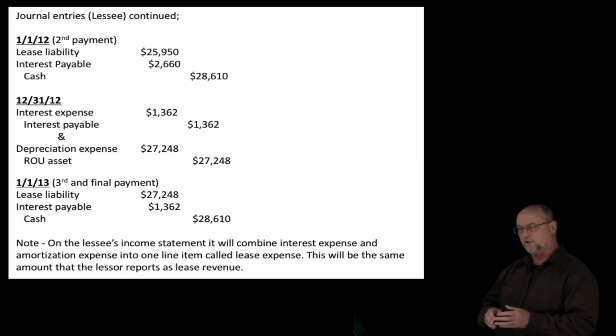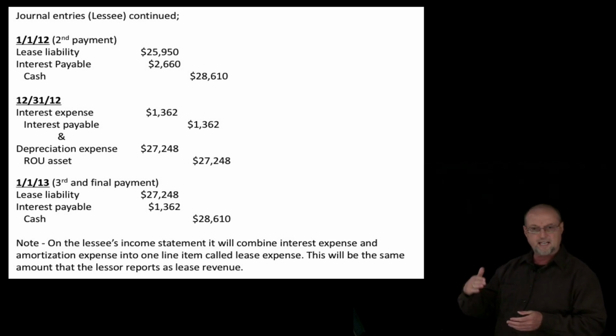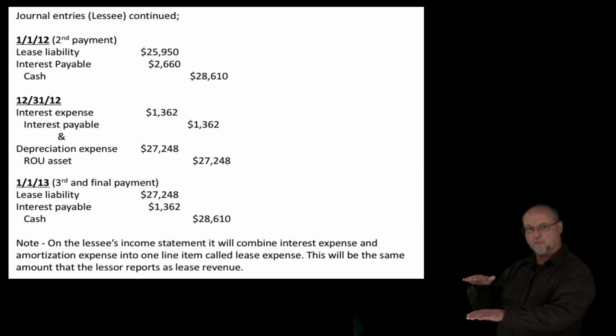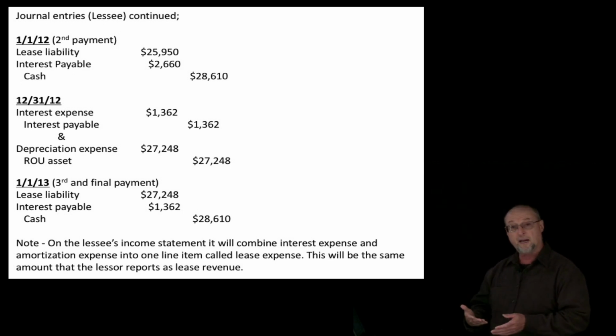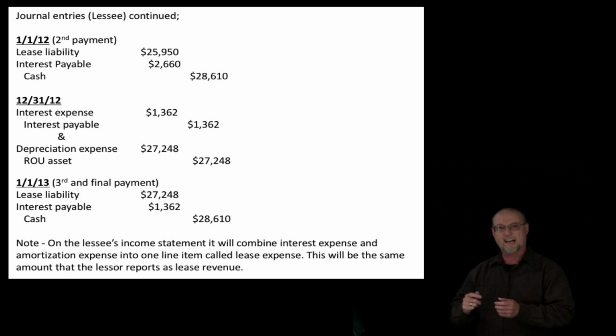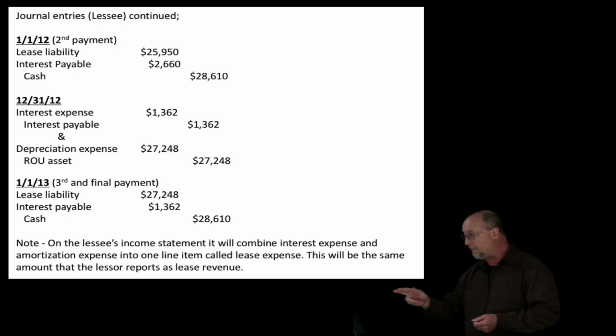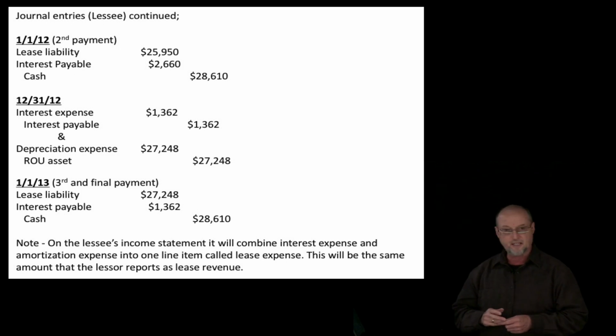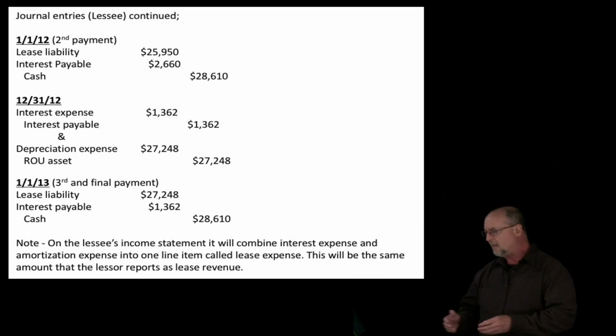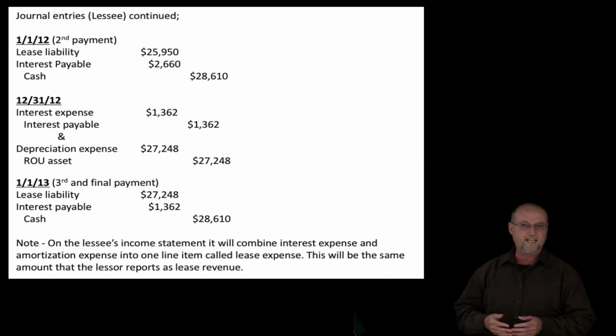Now remember, we accrued interest at the end of year one, debit interest expense, credit interest payable. The interest expense got closed out. Interest payable is still on the balance sheet. Now that we're making that payment, we're going to debit interest payable. We're going to debit the lease liability by the difference between the lease payment and the interest expense, and then we credit cash for $28,610, which is the amount of the lease payment.